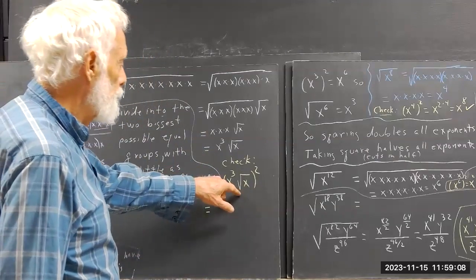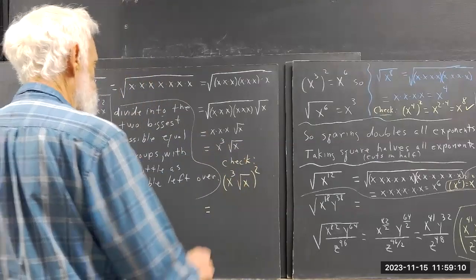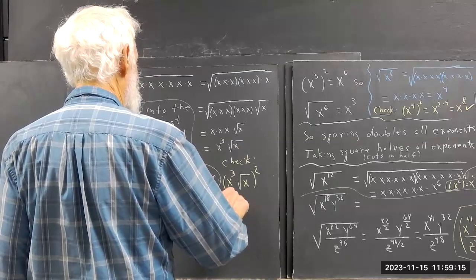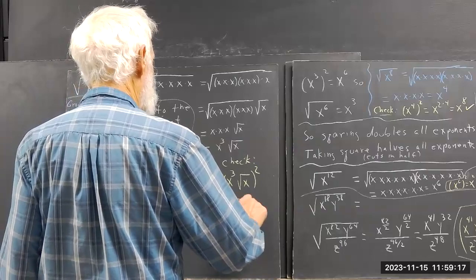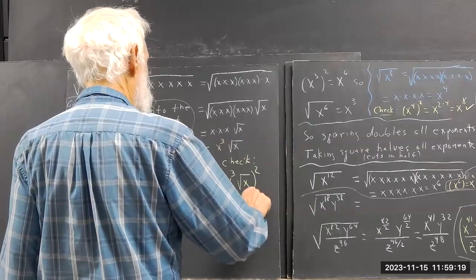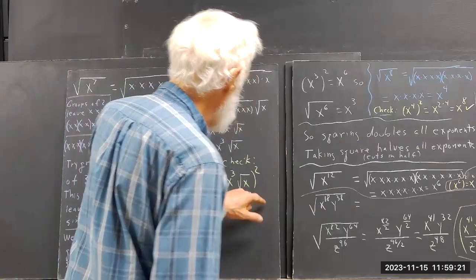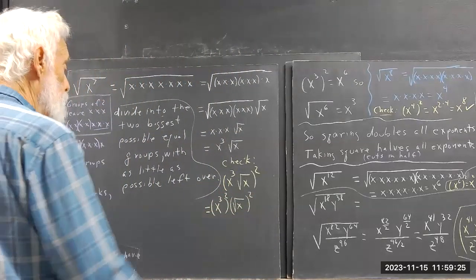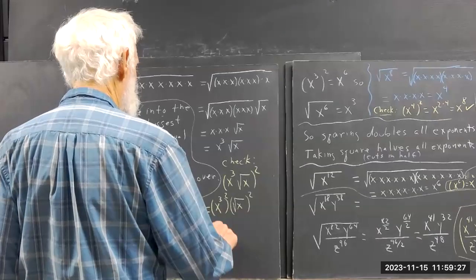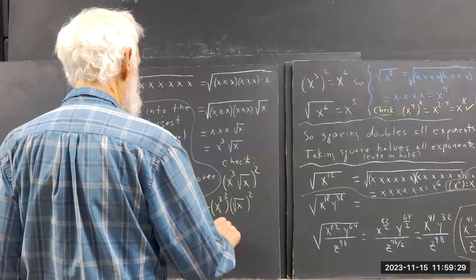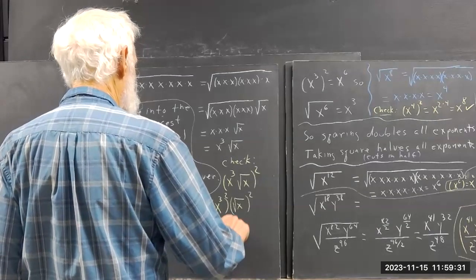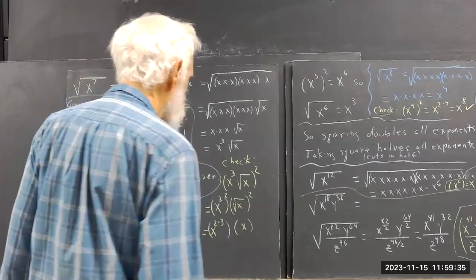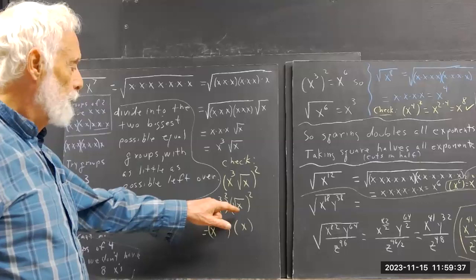X cubed times the square root of x, quantity squared, is x cubed squared times the square root of x squared. Well, x cubed squared is x to the 2 times 3. And the square root of x is the number you square to get x.